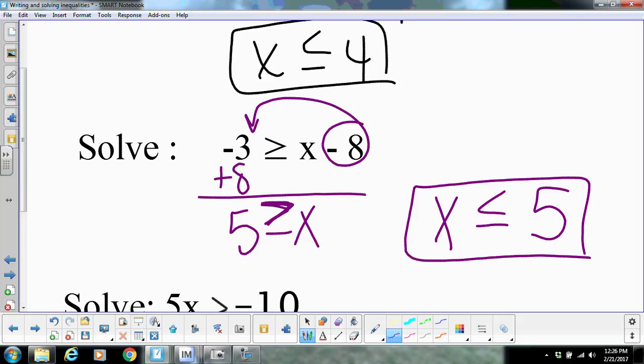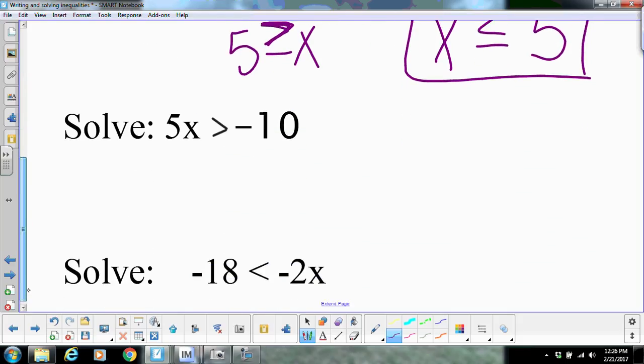Okay, solving inequalities is exactly the same as solving equations. The only difference is if you have to divide by a negative, which we do down here in a minute. So the third one of these, what do I need to do first? Divide by 5. Now divided by a positive 5, so everything stays the same. And what's negative 10 divided by 5? Negative 2.